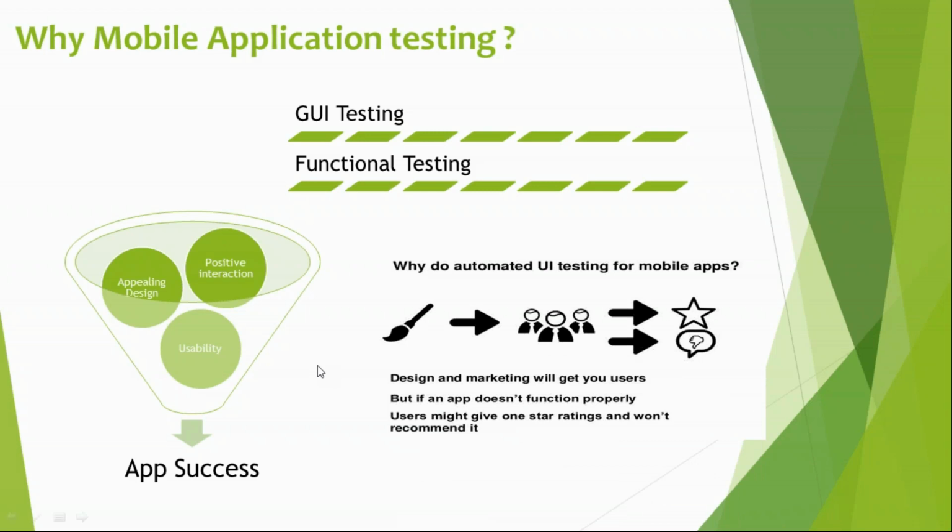So why do you automate UI testing of mobile applications? Because you need to check whether the design is up to the market standard or not. Now, if you see the eBay user interface and the Flipkart and Amazon user interface, there is some difference.